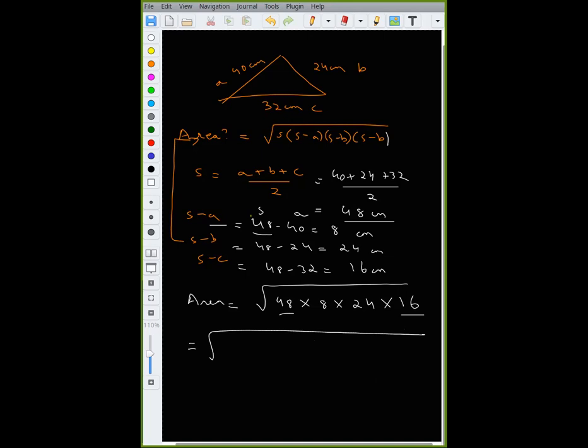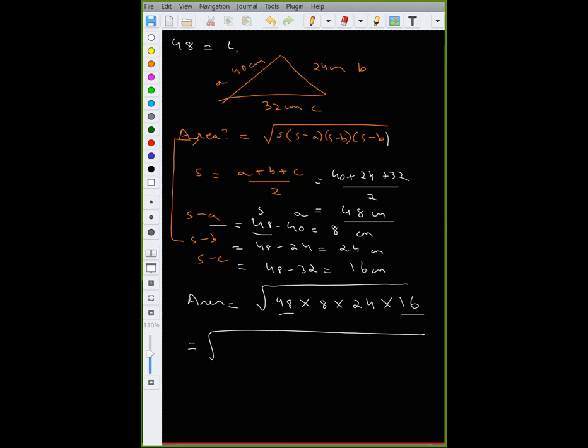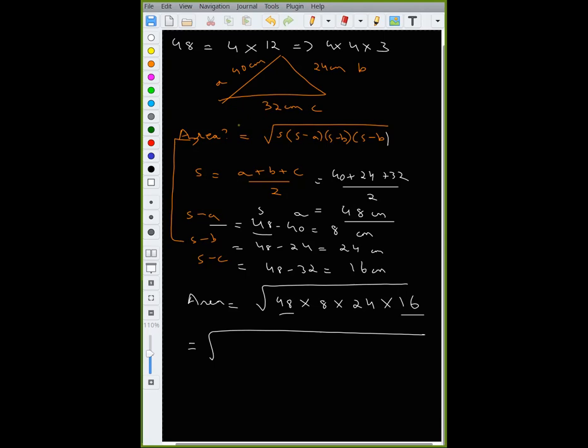Now let's take 48. If I divide this by 4, I'll get 4 into 12. 4 into 12 is 48, right? So I can write this as 4 into 12, which is further 4 into 4 into 3.